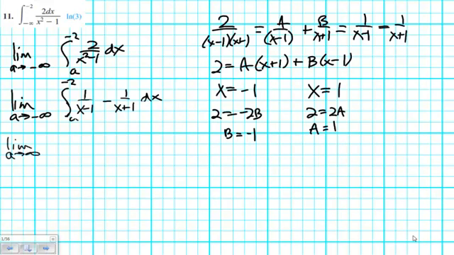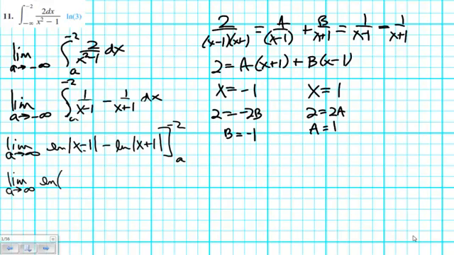So the next step is finding that antiderivative, and we're going to get the natural log of x minus 1 minus the natural log of x plus 1. By the way, these are all absolute value signs. And we're going to evaluate that from a to negative 2. So far so good? Right? So let's evaluate at our limits of integration.